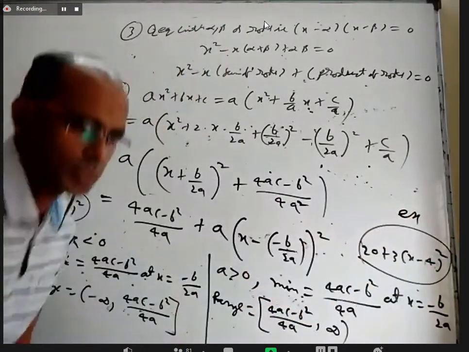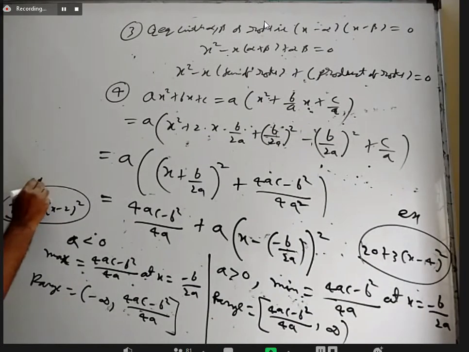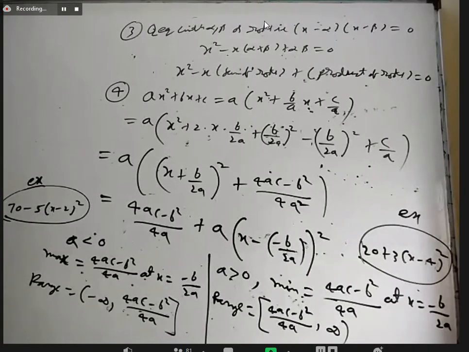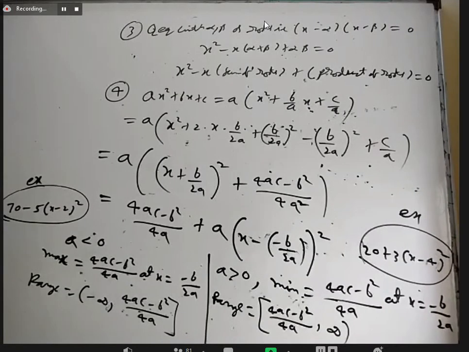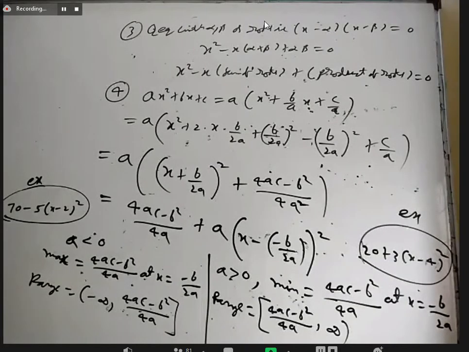Don't have to write these examples, just for understanding why in one case it is minimum, in one case it is maximum. Okay, anybody any doubt in any part of this?